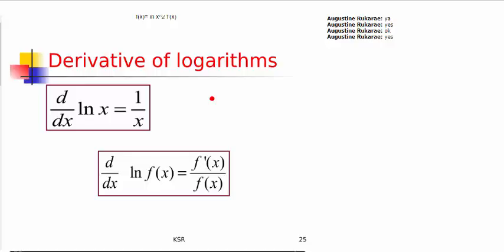My f dash of x, as per what's been given here, I have to put the f dash of x on top, and then I have to divide by the original function. So what is my f(x) here? x squared, right? So if I differentiate x squared, what do I get? 2x. And then I divide by the original expression, which is x to the power 2. Is it clear? Or is there any doubt?